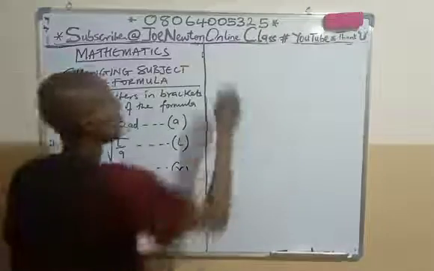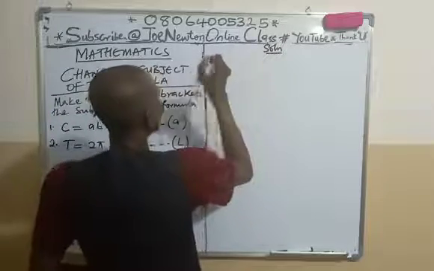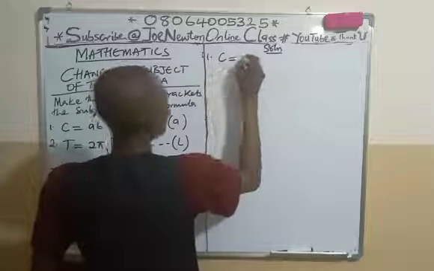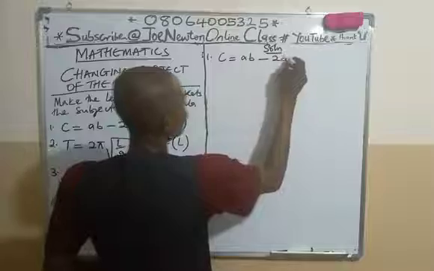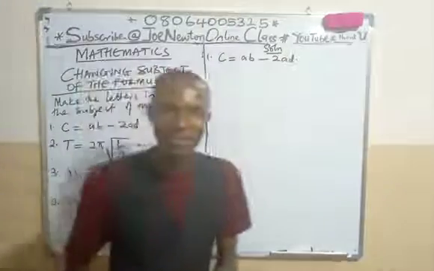So let's take it one by one. We are given that C is equal to AB minus 2AD. To make A subject of the formula, it's very simple.